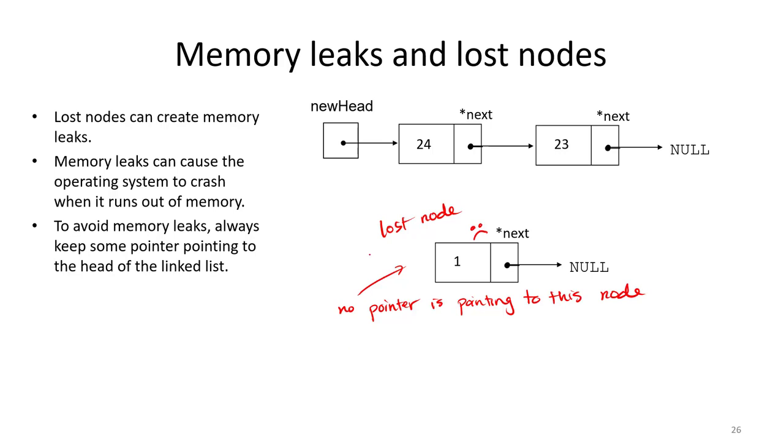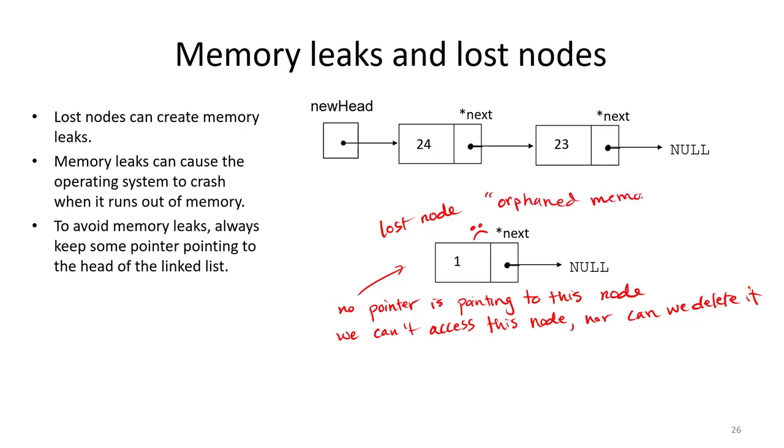The problem with the lost node is that we are unable to access the node, nor can we delete it. Sometimes these nodes are called orphaned memory, because they're abandoned and we're unable to access the node and include it in our program.